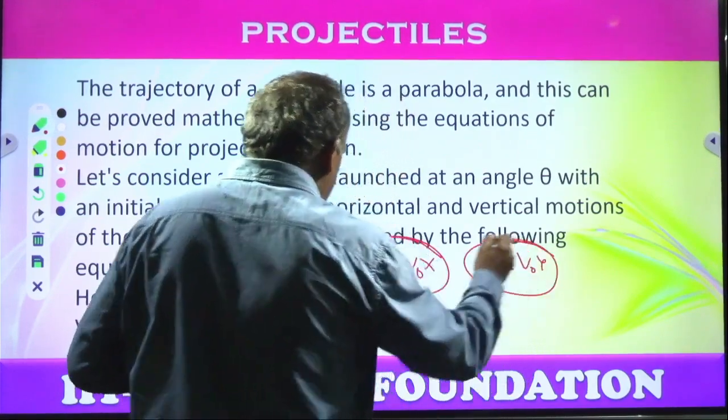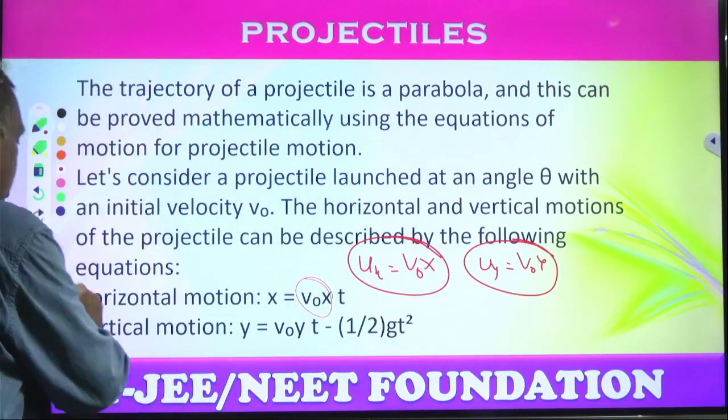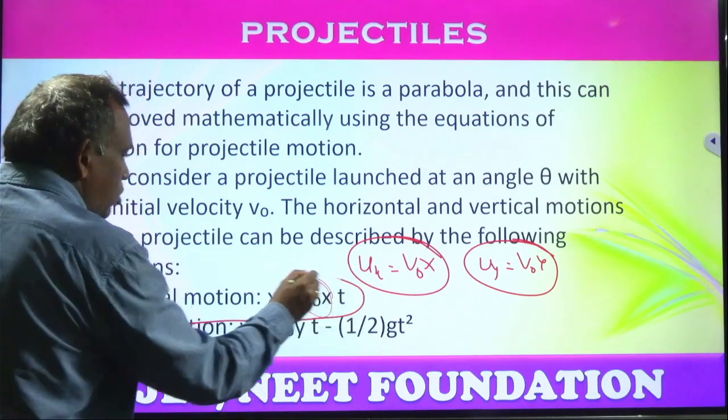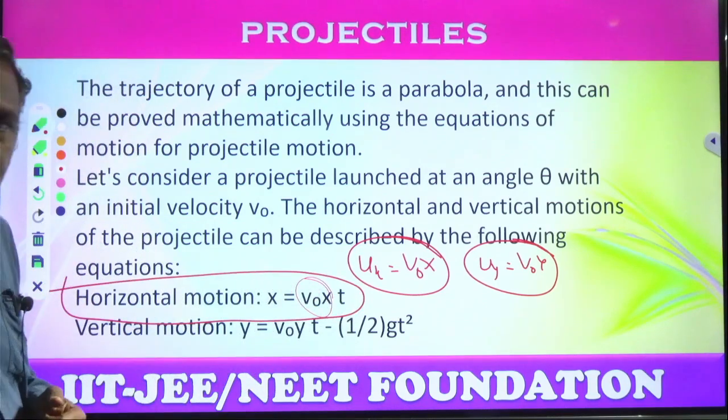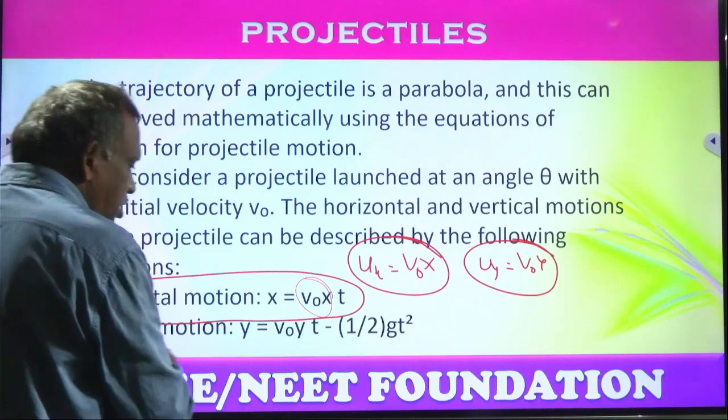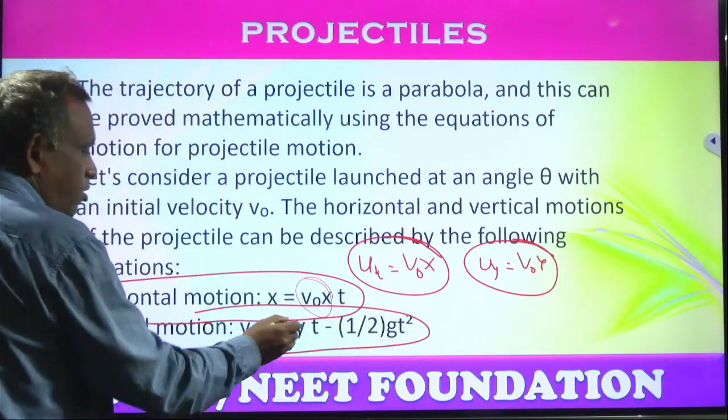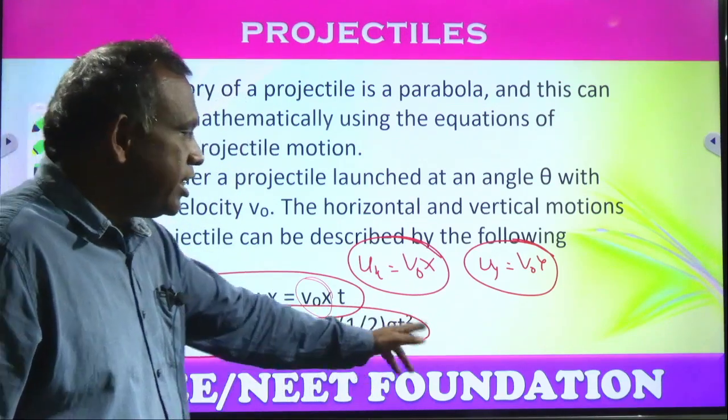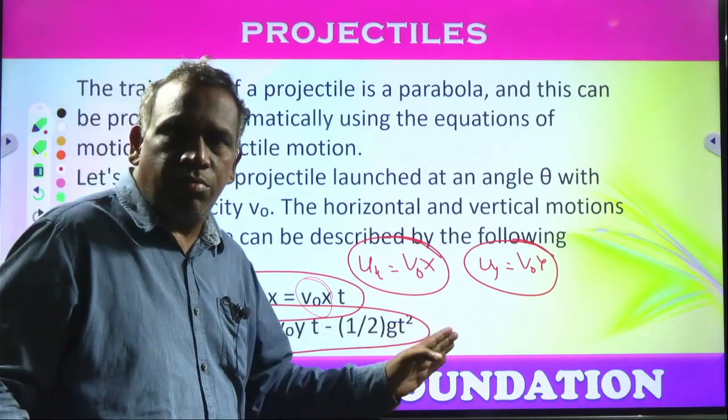That's why the horizontal motion equation is x equal to v naught x t, and the vertical motion equation is y equal to v naught y t minus half g t square.